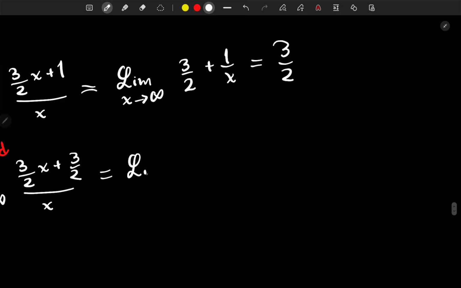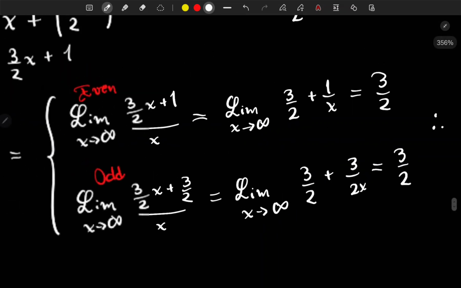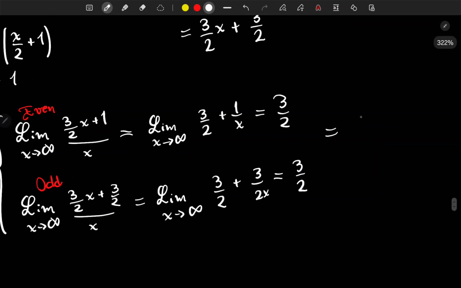And the below is the limit when x approaches infinity of 3 over 2 plus 3 over 2x, following the same train of thought, and we get as well to 3 over 2. Therefore, our limit is just 3 over 2. And we're done.